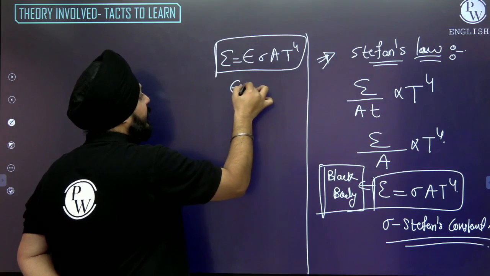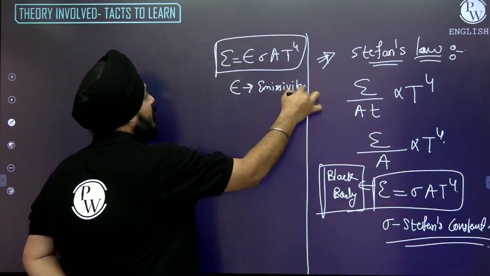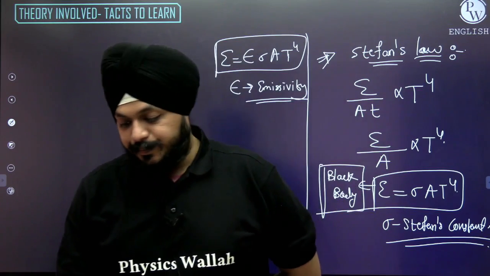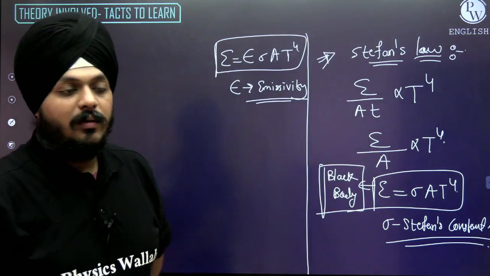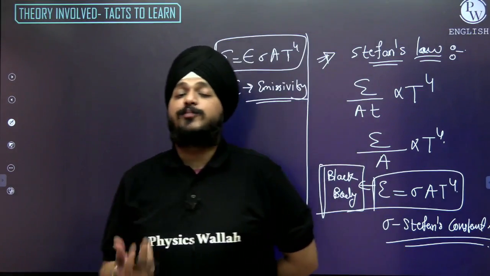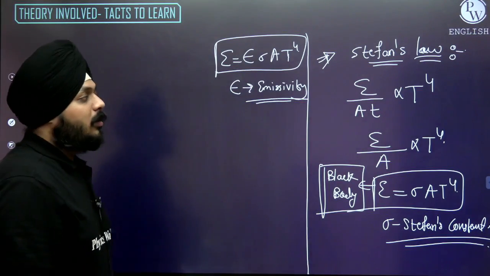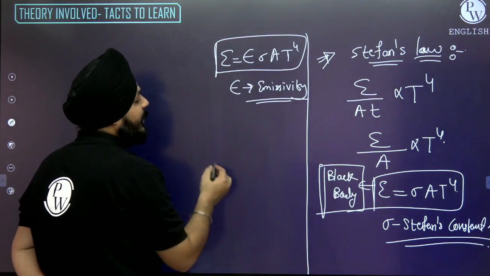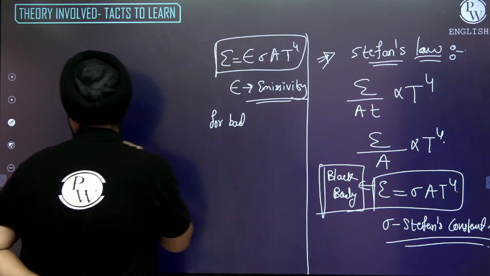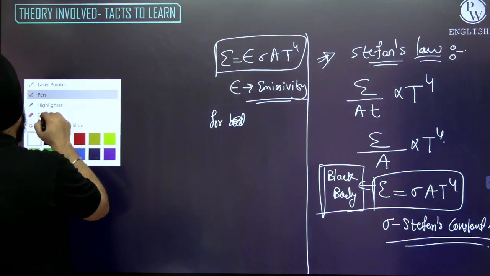This emissivity e defines whether it is a good absorber or not. For a black body, we take e is equal to 1.